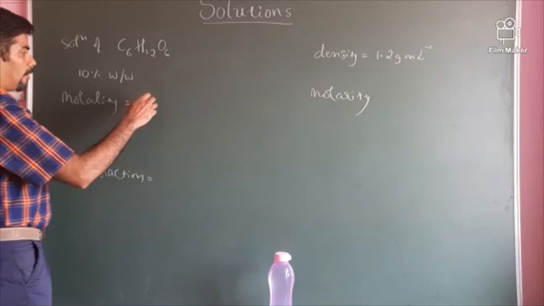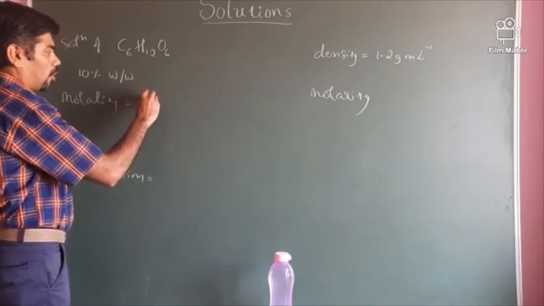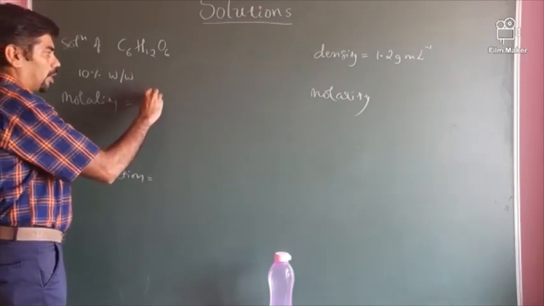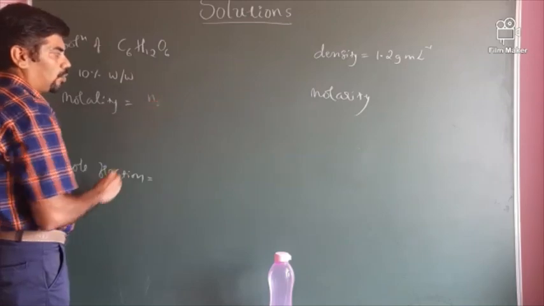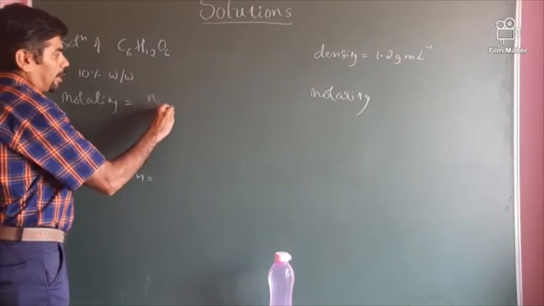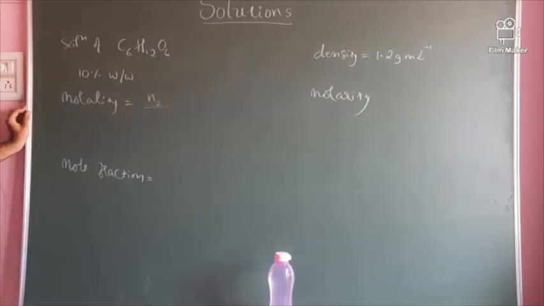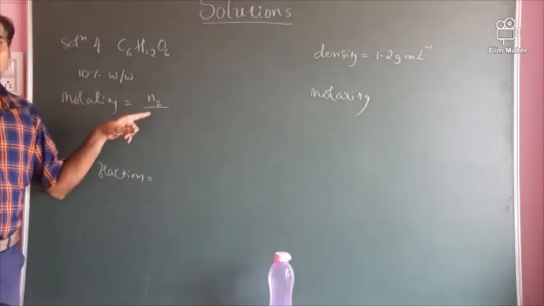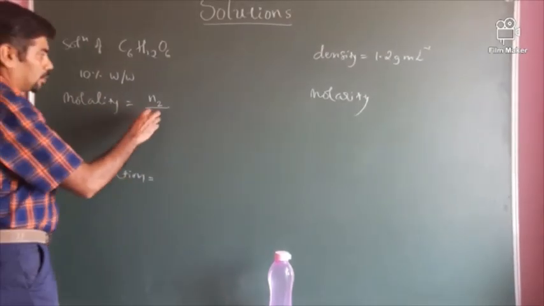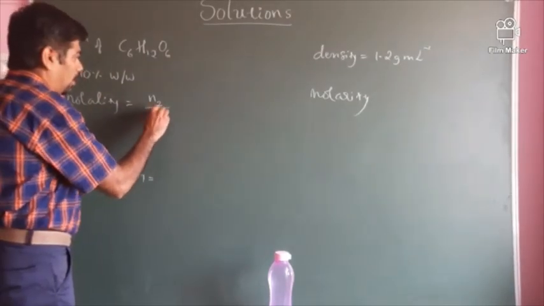The formula for molality is the number of moles of solute, which we take as N2, divided by the mass of solvent in kg, which we take as W1.